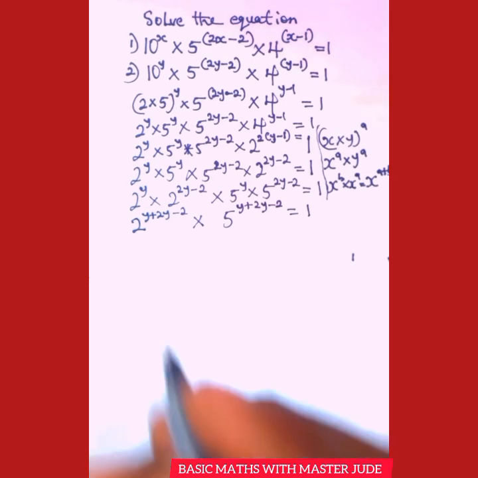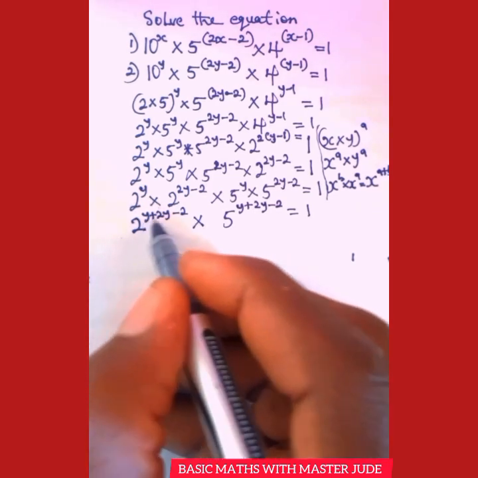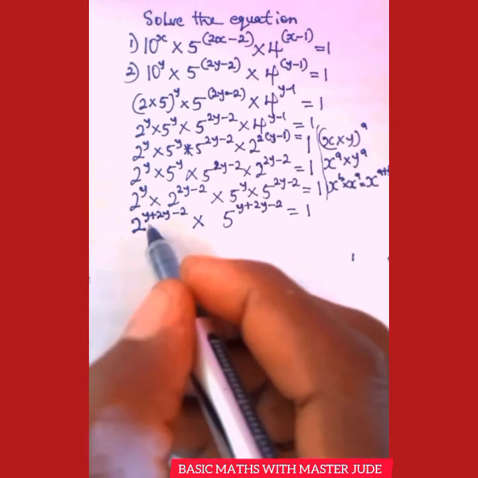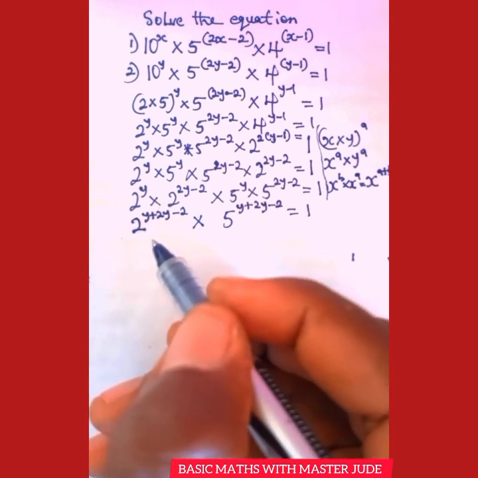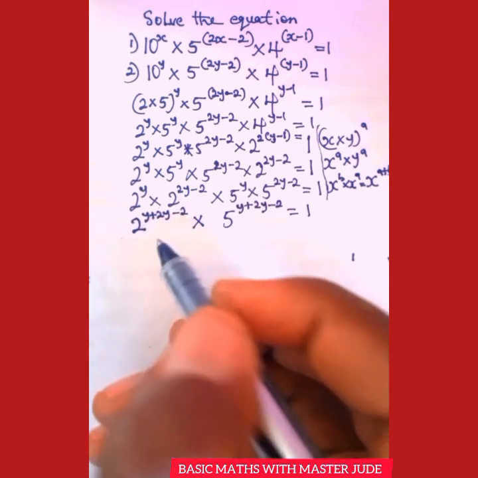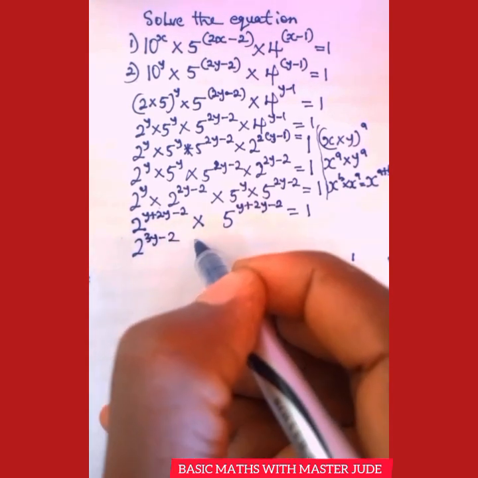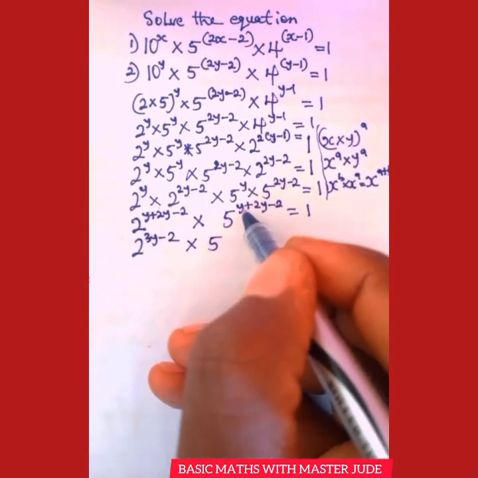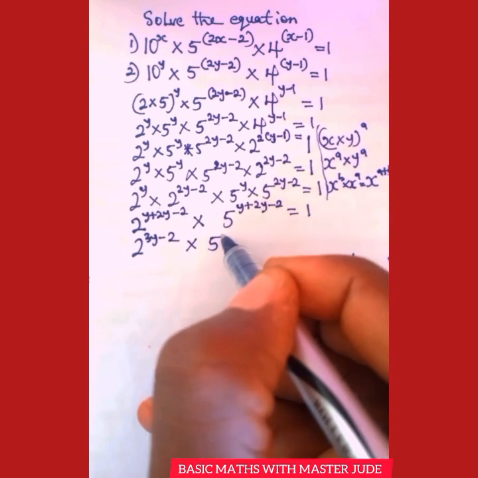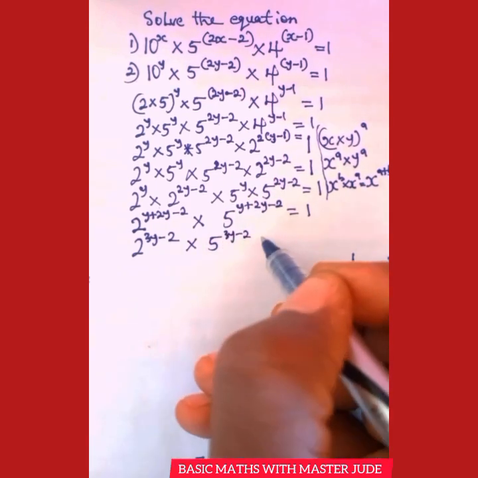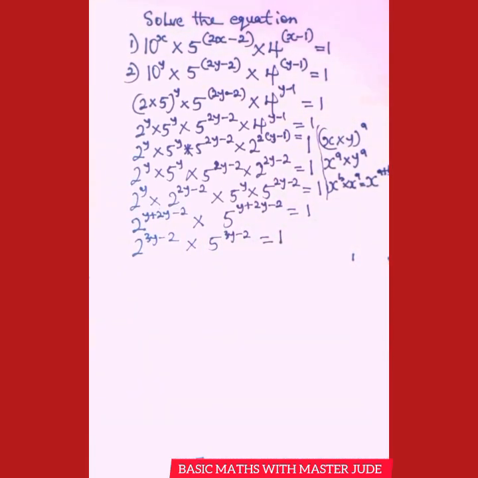Now let's proceed. Now y plus 2y will give me 3y, because this y is just like 1y. So 1y plus 2y will give me 3y. So I have 2^(3y-2) multiply 5^(3y-2) is equal to 1 as my answer.